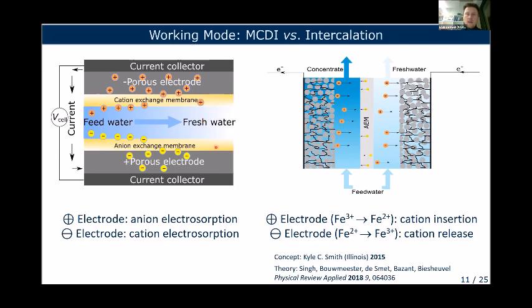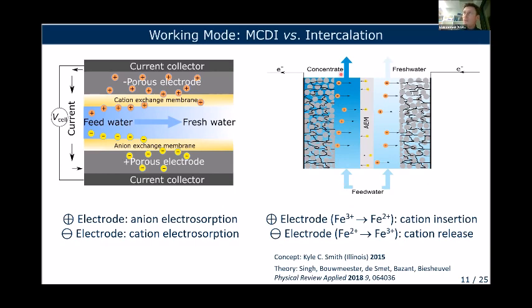The interesting thing about using intercalation materials is, especially when you combine it with one single anion exchange membrane here in the middle, which was reported for the first time by, again, Carl Smith, that you do the two things that require 2 steps in carbon-based CDI, but here you do it in one go.